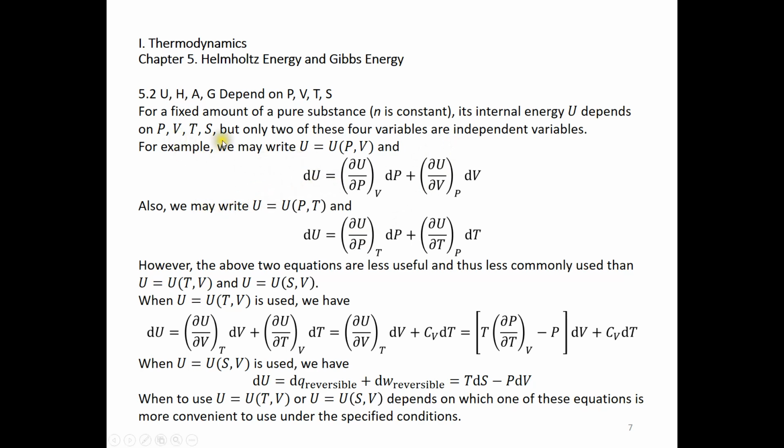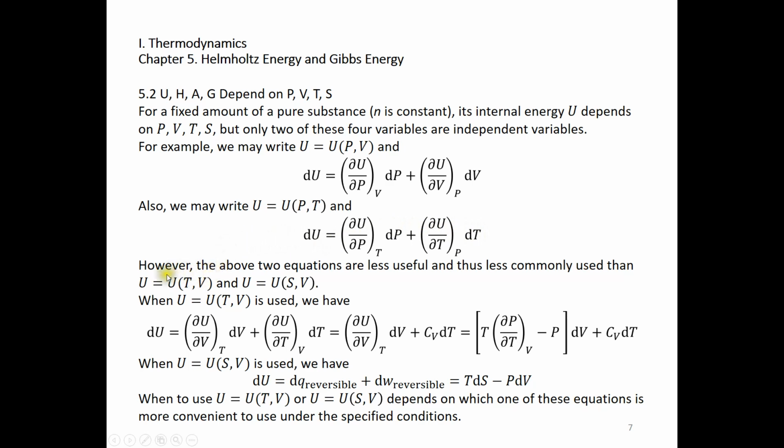What about the two other variables? The two other variables depend on the two independent variables of your choice. But if you choose P and V, or P and T, as the independent variables, the equations you get are correct, but not very useful.